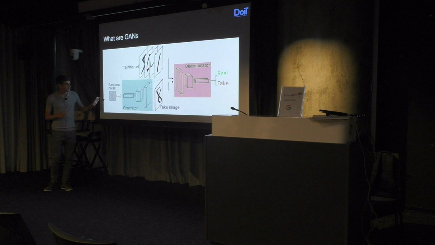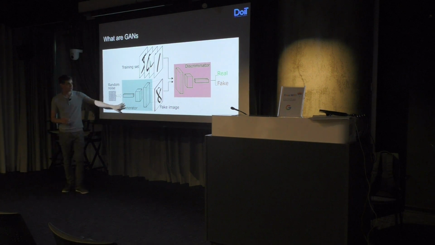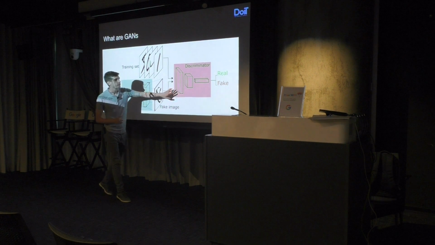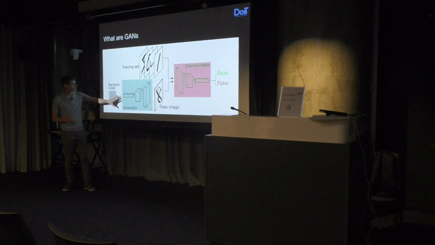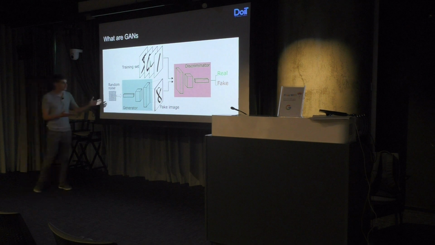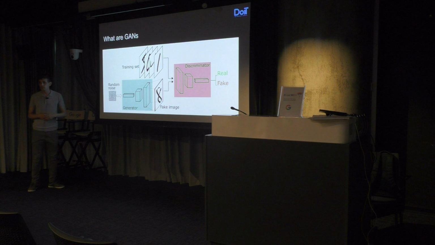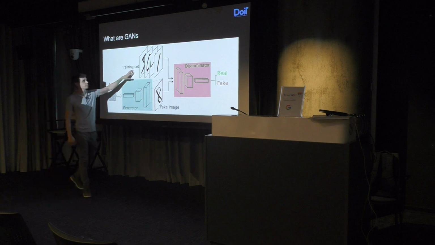The idea is basically to have two networks. One of them is a generator, and the other one is called a discriminator. The generator has a very specific role. It has to take noise and output images, since we're mainly talking about images. Let's say I have the MNIST data set, so I have this training set of images.